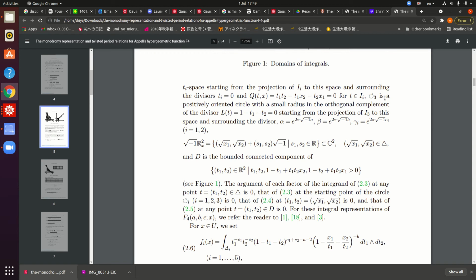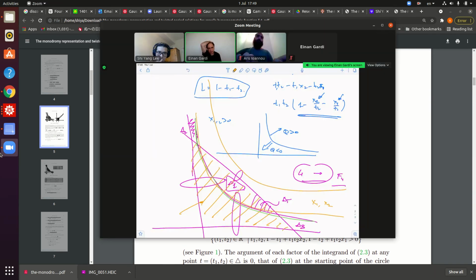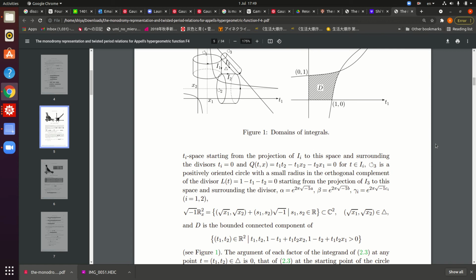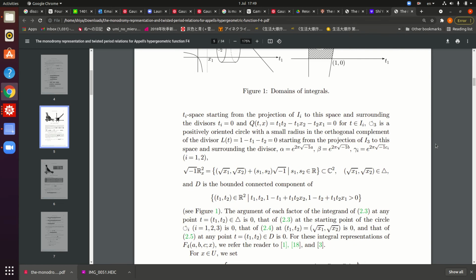Okay, so I think this can help us because here you see that x1 and x2 appear in different factors. Let's see. Or maybe not.